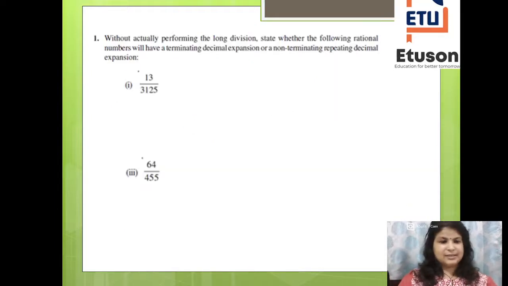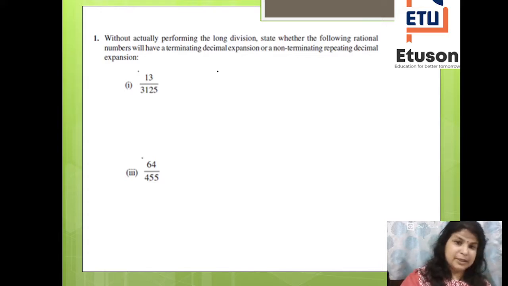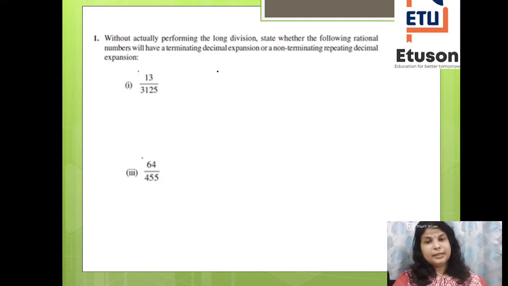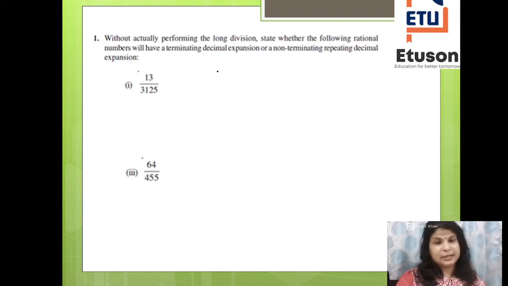So this is exercise 1.4. Bit 1. Without actually performing the long division, state whether the following rational number will be a terminating decimal expansion or non-terminating repeating decimal expansion.